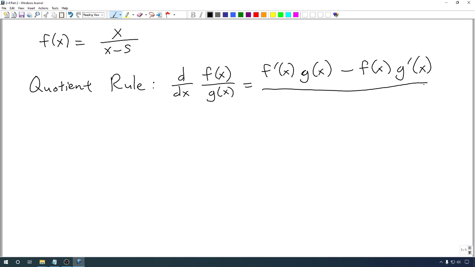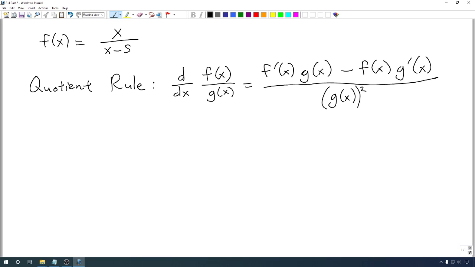And that is all going to be on top of g of x squared. Or you might put that in parentheses. So basically, we take the derivative of the top times the bottom minus the top times the derivative of the bottom, all over the bottom squared.